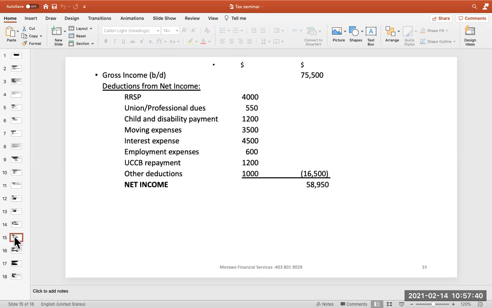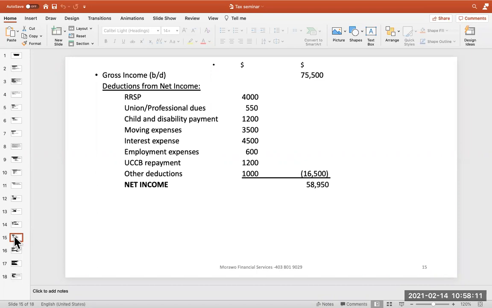So you have your salary income, you have other income, and then you put everything together to give us your gross income. So we're bringing down the gross income from the previous page, and then the deductions from your gross income. So like we said, A above, these are the deductions, 100% allowed from your gross income.